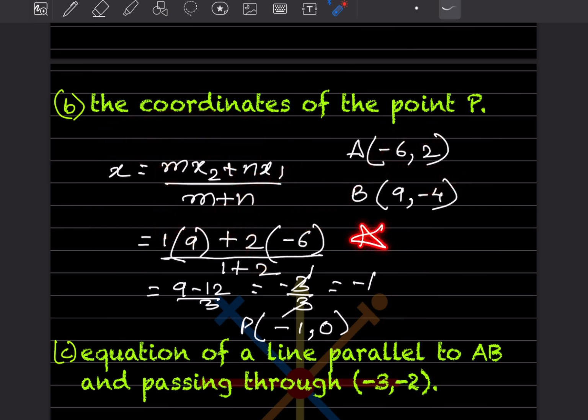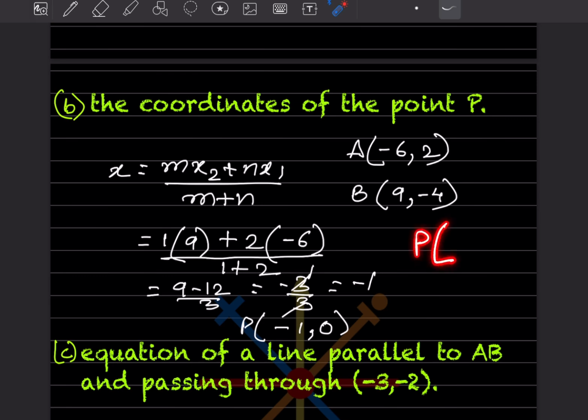So these are the important points that you have to put properly, because even if you put any one wrong, everything is going to be wrong. So just write it with a pencil or pen, and then do it instead of doing it orally. So this is going to be 9, plus minus is going to be minus 12 divided by 3. So minus 12 plus 9 will be minus 3 divided by 3, that will be minus 1.